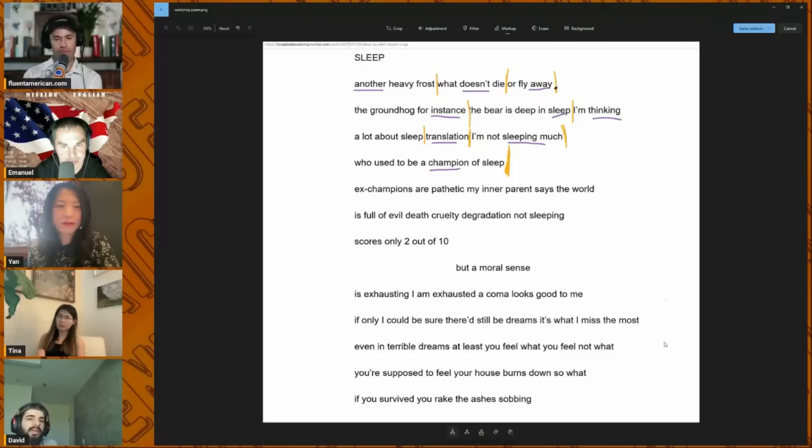Okay. And then can you read the first two thought groups? Let's see what transition you're making. Another heavy frost, what doesn't die. Lower. Yeah, I like that transition. Start high, like another heavy frost. What doesn't die? Can you read the whole line again? Another heavy frost, what doesn't die or fly away.